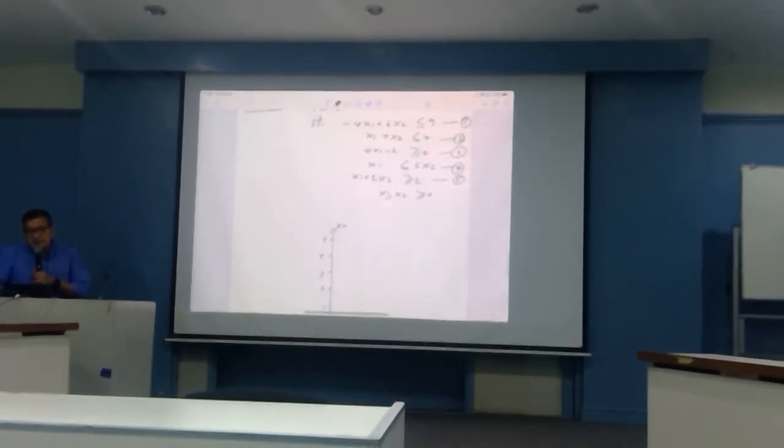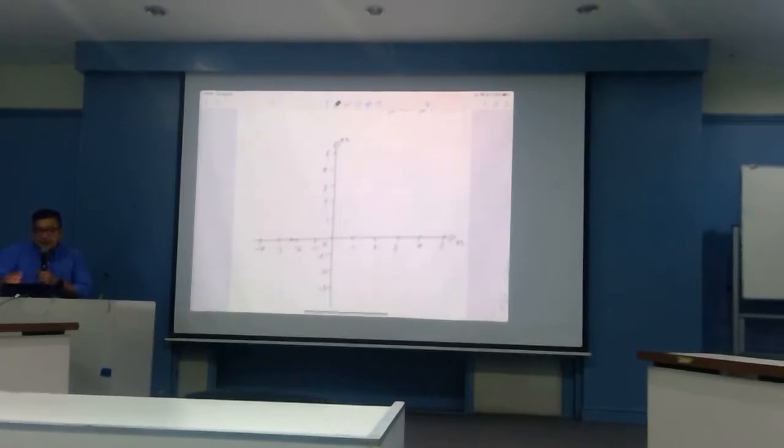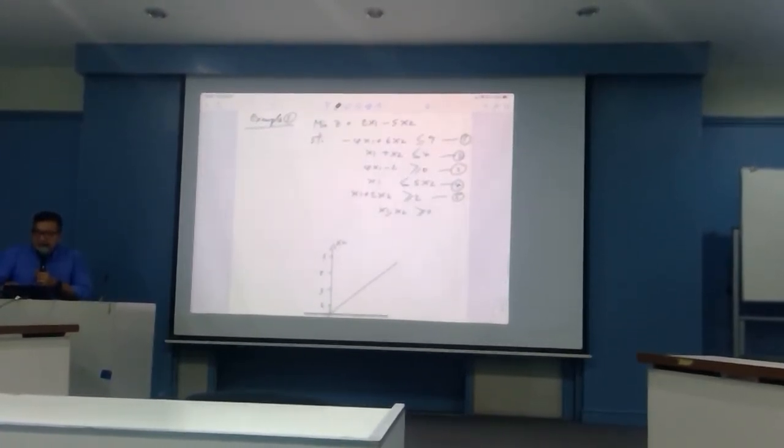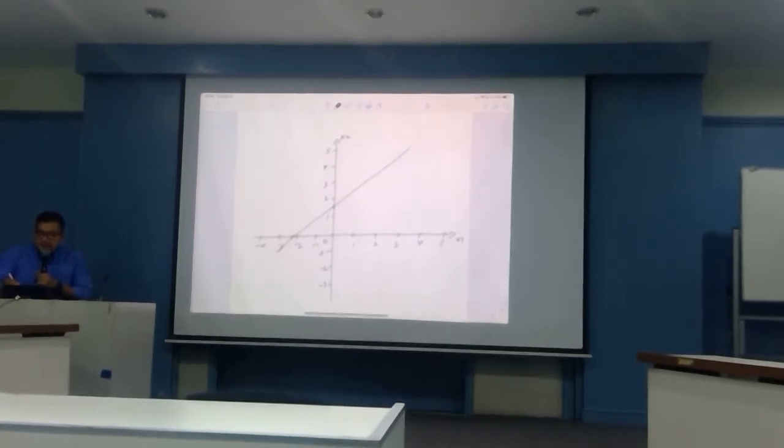We have 6x2 equal to 9, so x2 cuts at 1.5. Then we connect them together. It cuts the x1 axis at minus 2.25 and the x2 axis at 1.5. Since this is less than or equal to 9, the feasible side goes this way, shading below the line.